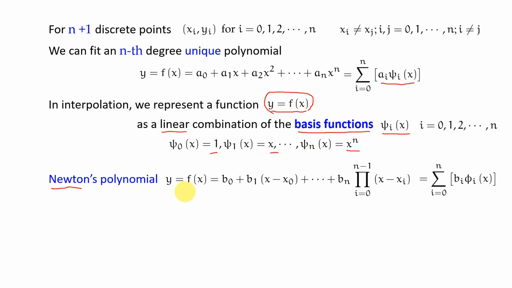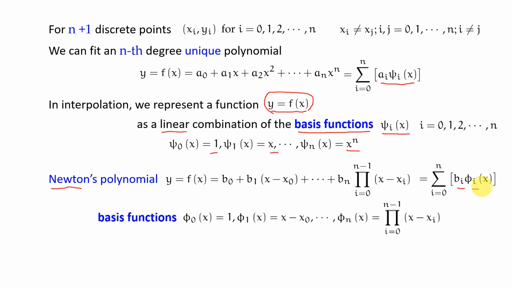Similarly, if I go for Newton's polynomial, I can write this expression of Newton interpolating polynomial as a sum of bi phi i of x. That means here also we are having a linear combination of the basis functions, and the basis functions here are phi 0 equals 1, phi 1 equals x minus x0, and all the way up to phi n, that is the product of x minus xi, where i goes from 0 to n minus 1.